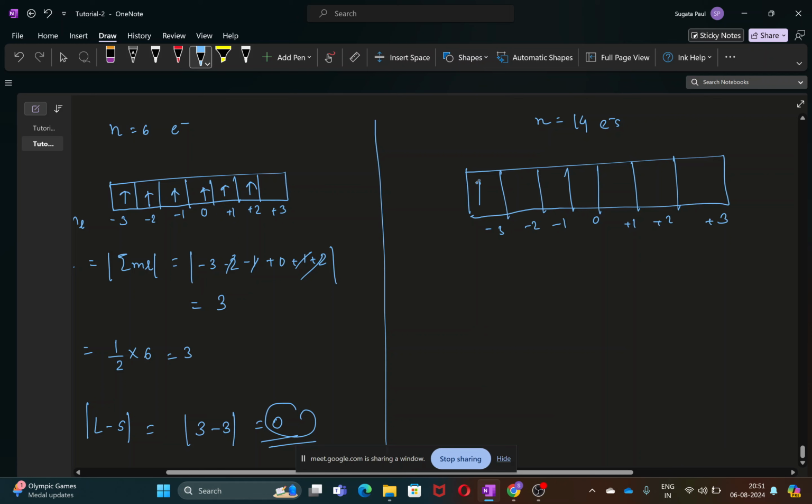The electron filling will be such that, first of all, all the compartments will be filled with one up-spin electron first, and when that is totally completed, then the second occupancy will appear. So like this, in the opposite spin you have a total of 14 electrons. That means this F shell is completely filled.